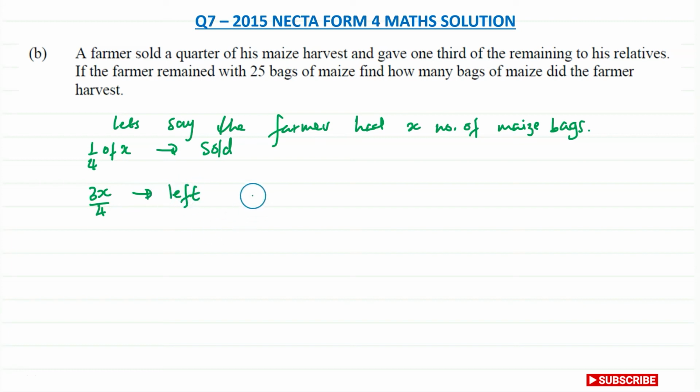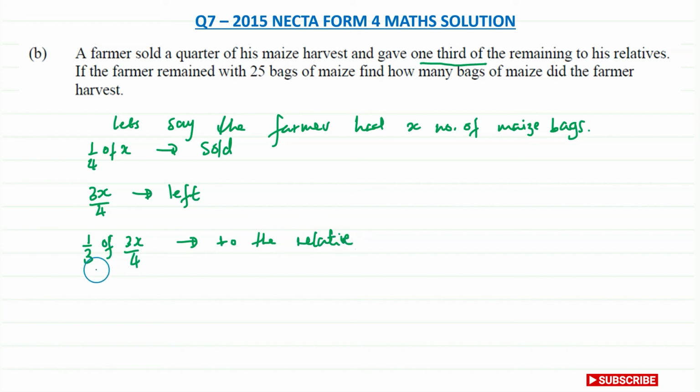Okay, and what is he going to do? He's going to give 1/3 of what he's got left to his relative. So 1/3 of 3x over 4 was given to the relative.